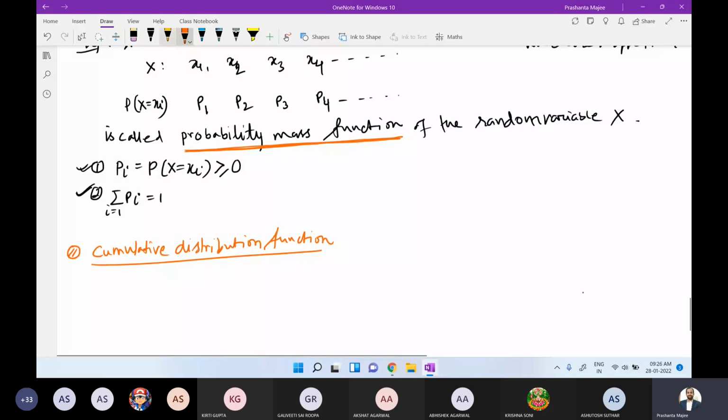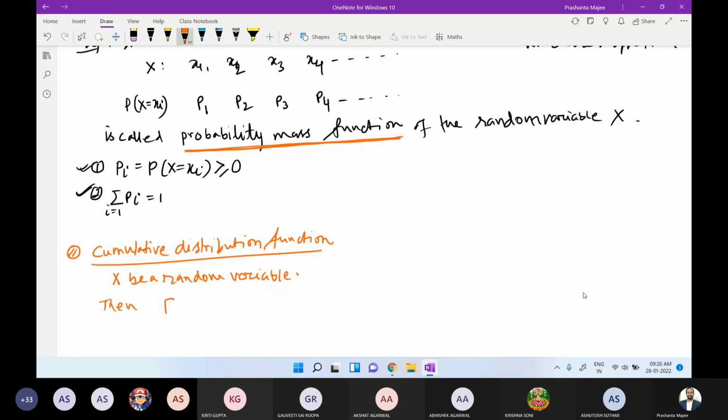Let X be a random variable. Then if you define a function capital F of x equals the probability of random variable X taking values less than or equal to small x, this particular function is called the distribution function, the cumulative distribution function.